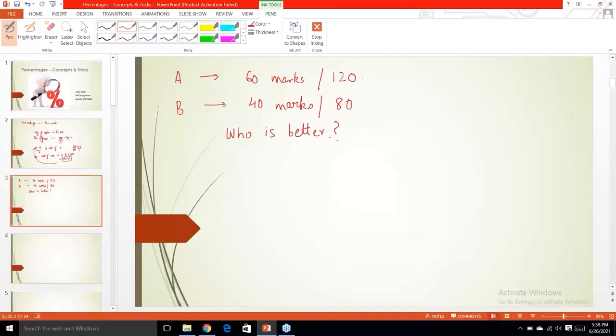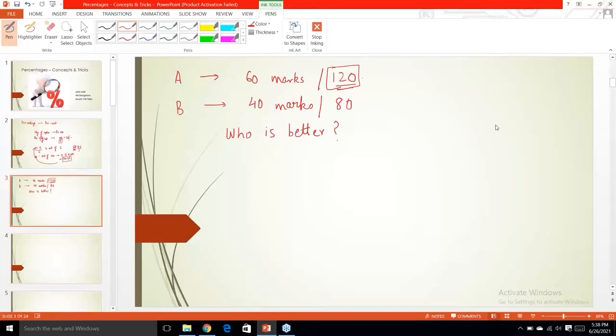If you just look at absolute marks, you can say A is better. But A scored 60 marks out of a larger maximum possible score of 120. B scored 40 out of 80, so for B the paper consisted of only 80 marks. Maybe if B had more marks available, he would have scored higher.